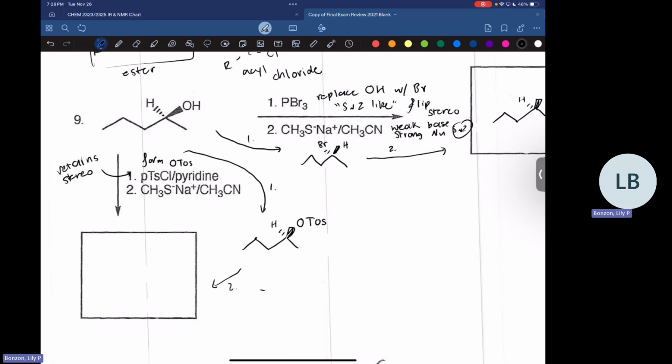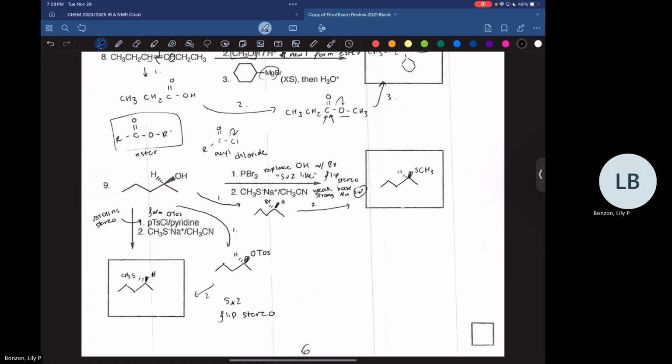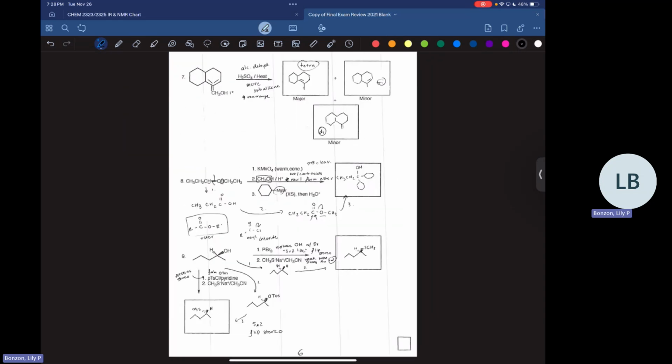So this one, again, is going to be an SN2 reaction. So this time, we will flip the stereo. So our hydrogen is going to be on the wedge, and our CH3S will be on the dash. So these are 2 ways that you can do an SN2 reaction to get different stereochemistry products.